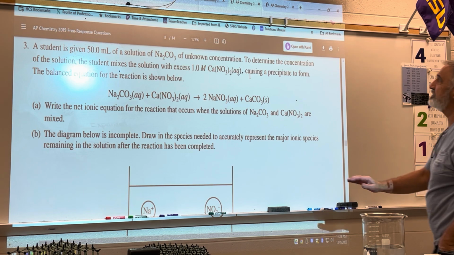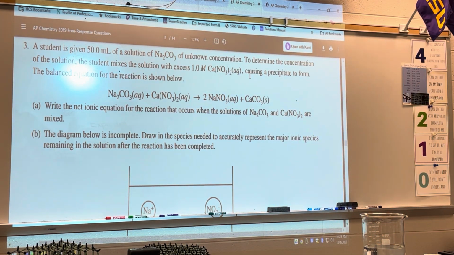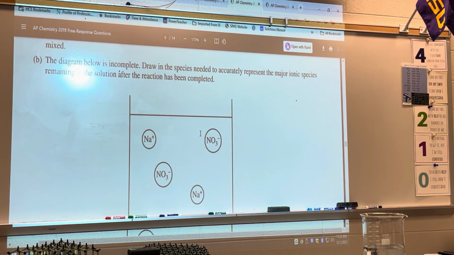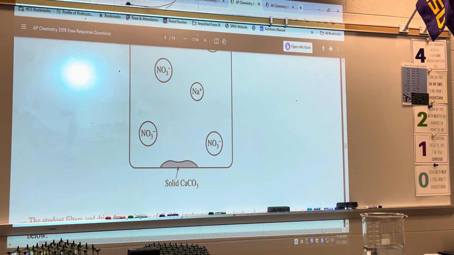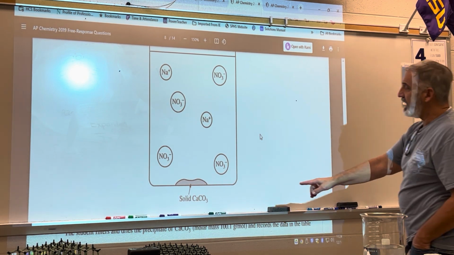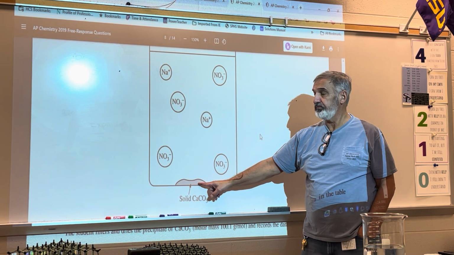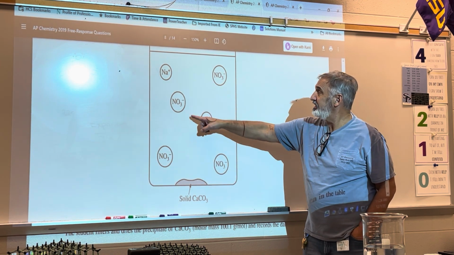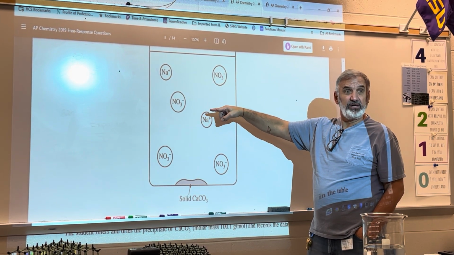To determine the concentration, they use excess calcium nitrate, causing a precipitate to form. There's your balanced equation. There's your net ionic, okay? So now we have this. You have your solid calcium carbonate. That's your precipitate that formed, okay? You have your Na, NO3, that were spectator ions.